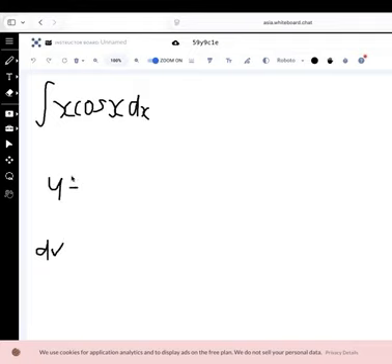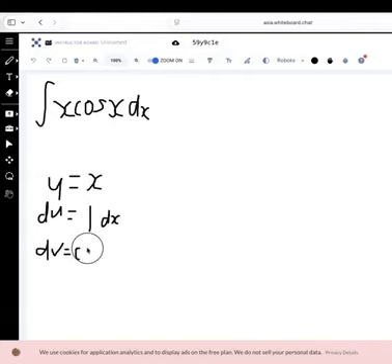I will let u equal x, and so du, the derivative of x, is just 1 dx. And dv, since x is already taken, we'll use cosine x dx. And we need to integrate it, so v will be sine x.